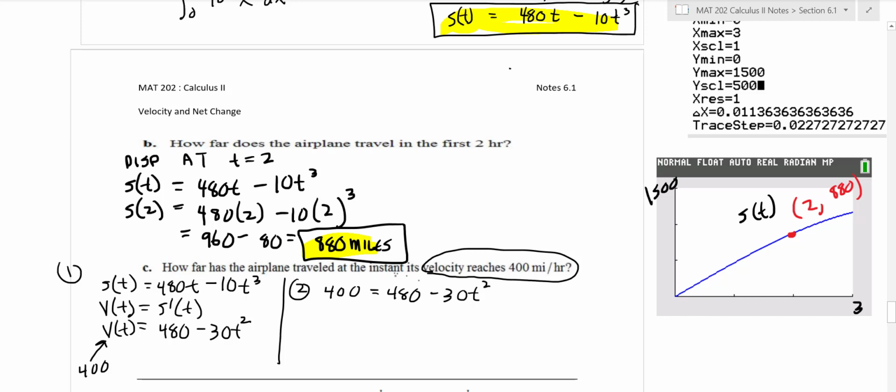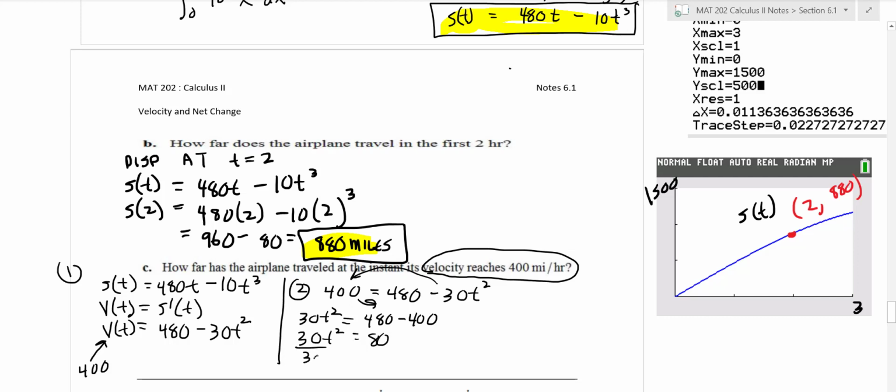So I'm just going to rearrange things. I'm going to move the 30t squared and the 400, so I'm just isolating the variable. This is just the way I'm going to choose to do this. So 30t squared is equal to 80.